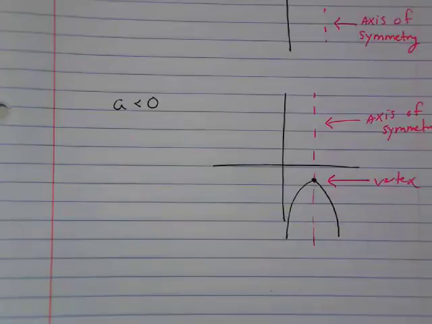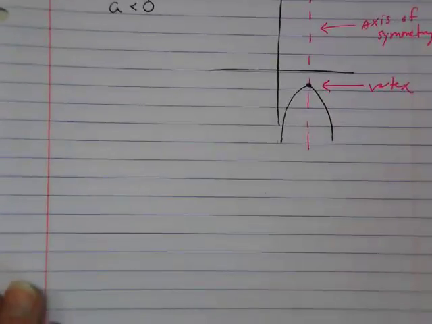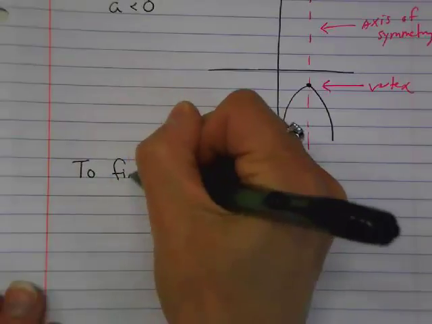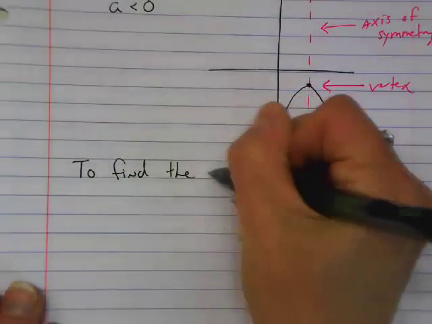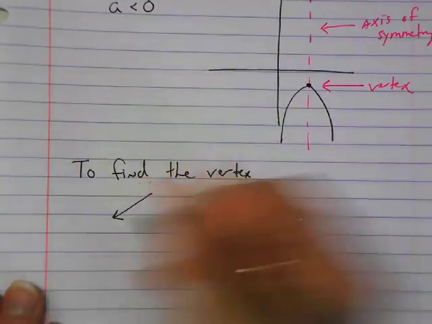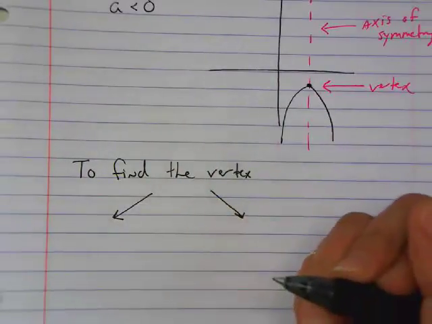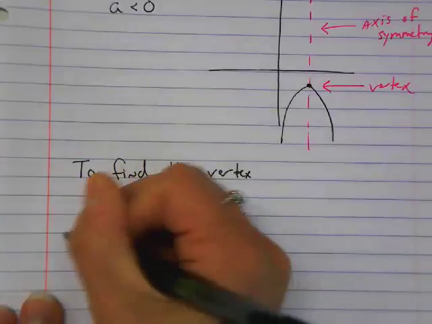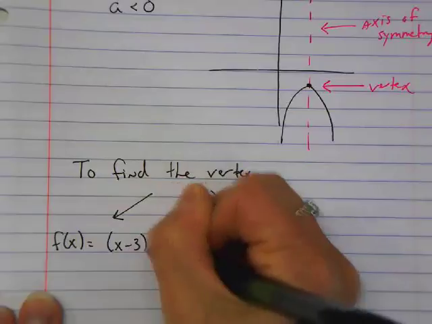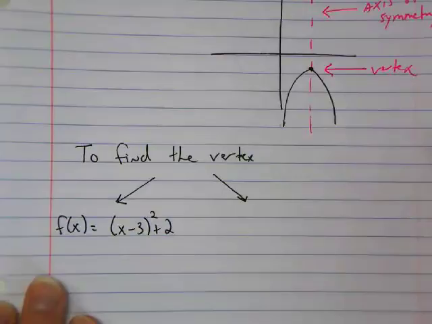Alright, so a couple more things we're going to talk about. We're going to talk about how to find the vertex. Okay? There's actually two ways. It really depends on what form it's in. If it looks something like this, the vertex is real easy to find.